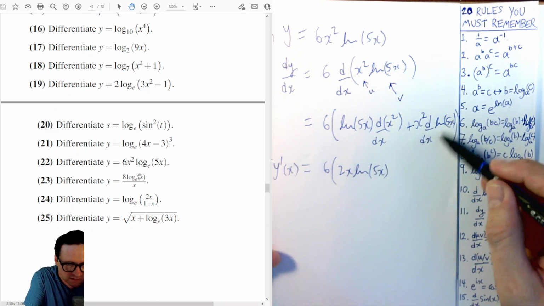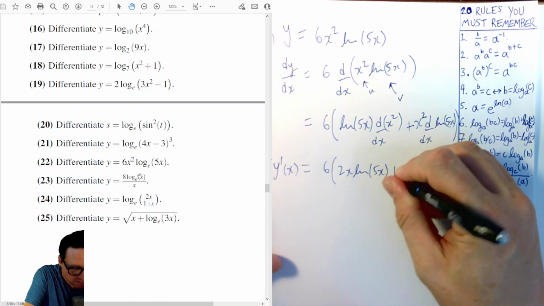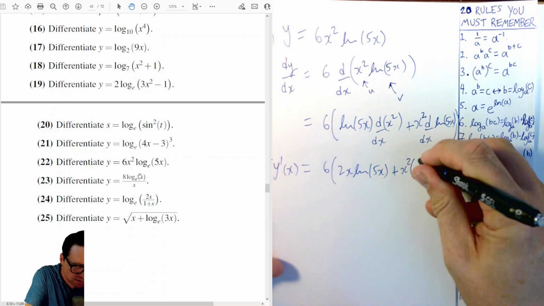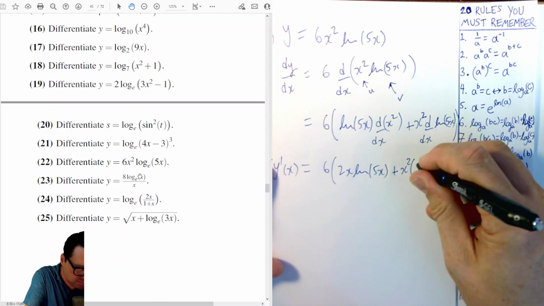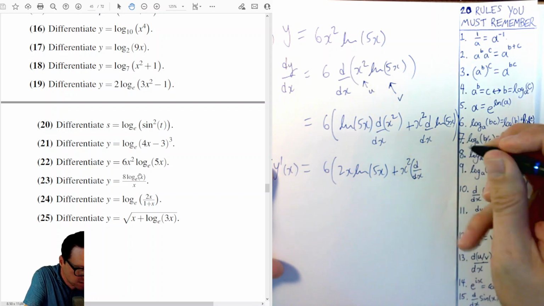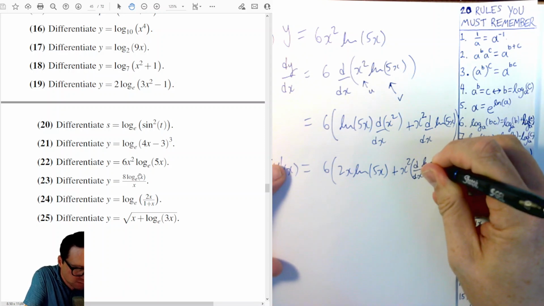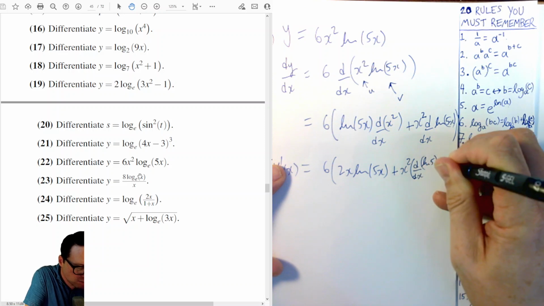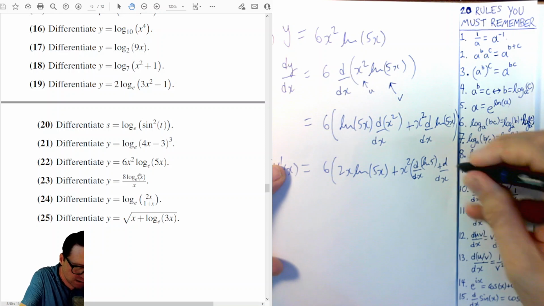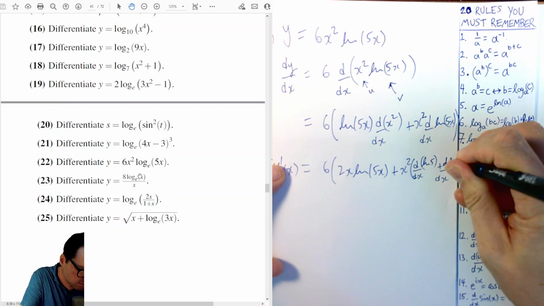And then for this one, now let's break that up. So we are differentiating the sum ln 5 plus ln x.